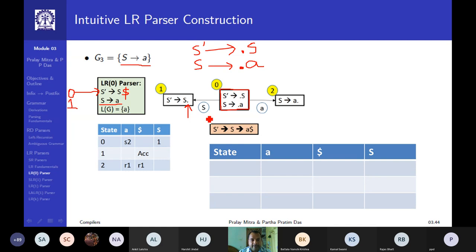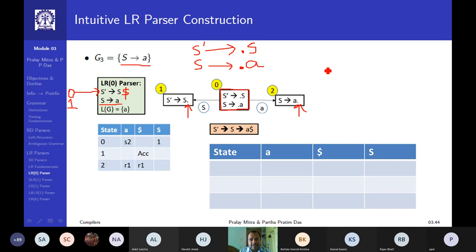Okay. Now when I see A, then I will move from S derives dot A to S derives A dot. So now dot is on the right hand side of A. That's it. Now you see that from state 1 or state 2, I have nowhere to go.